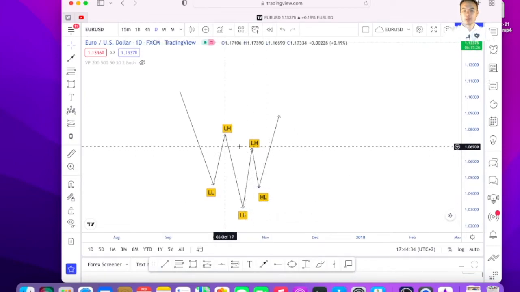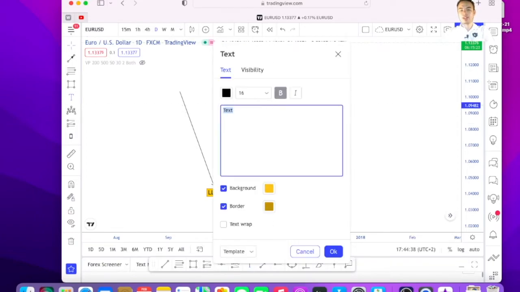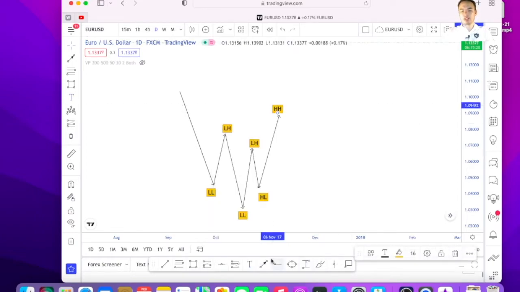Then price will break past this lower high to form a higher high. So that's an indication that the downtrend has ended.